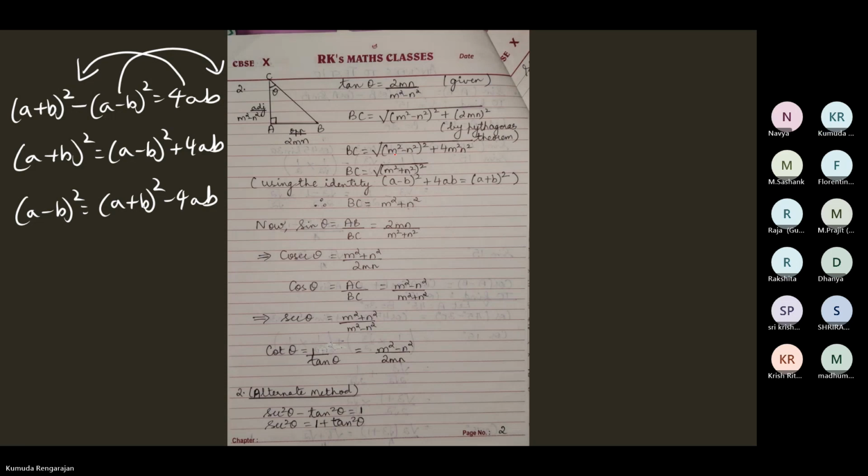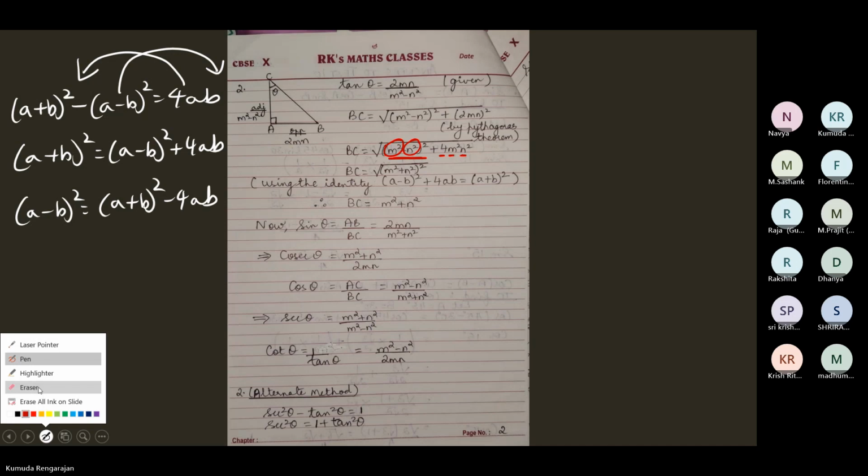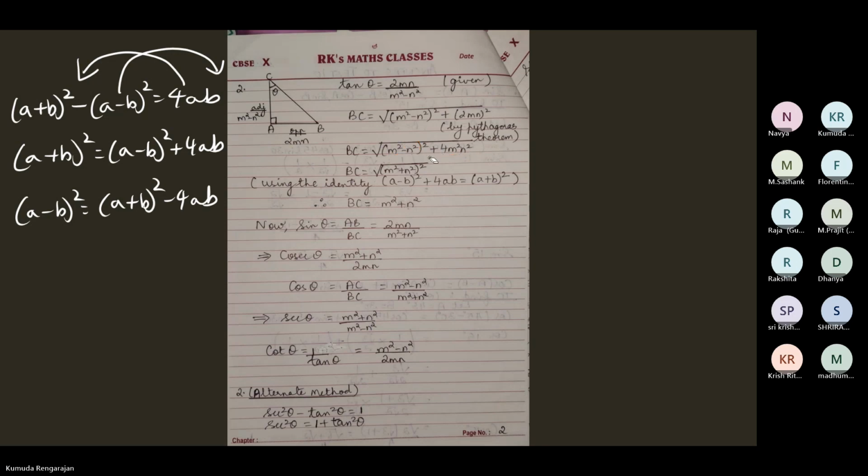So now this is of the form a minus b the whole square plus 4ab. You can see a is m square, b is n square, a minus b the whole square plus 4ab, 4 into a, m square, b, n square.